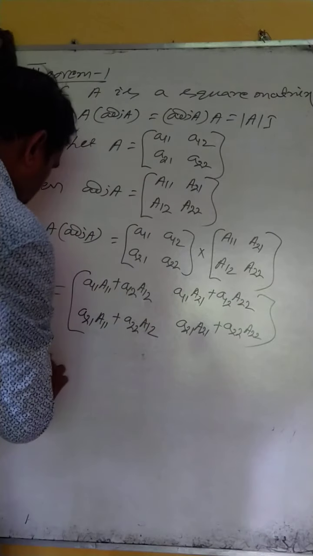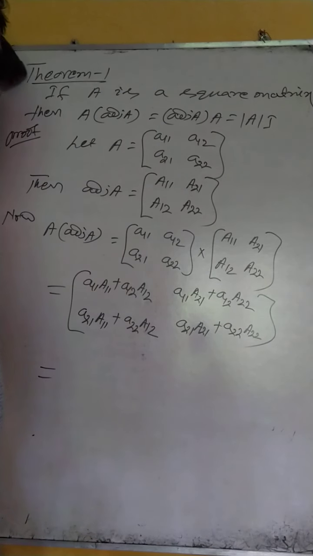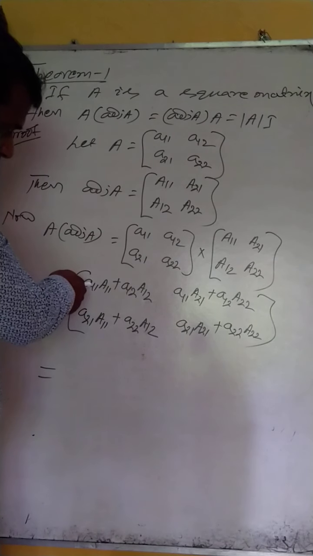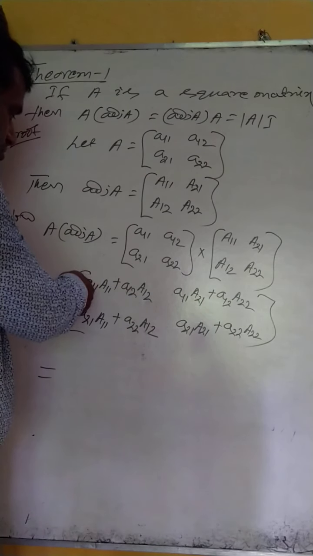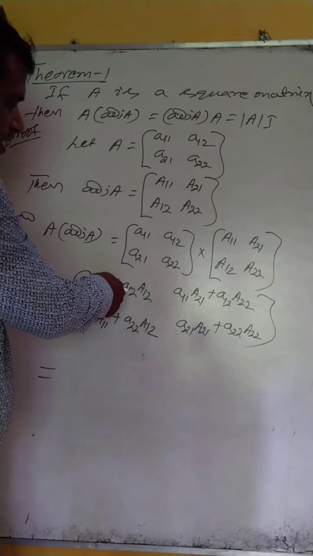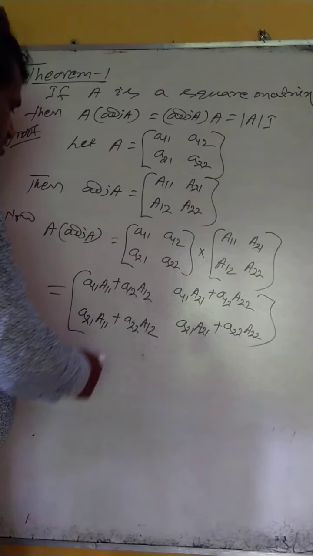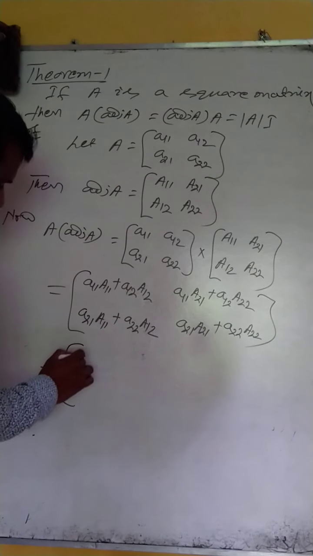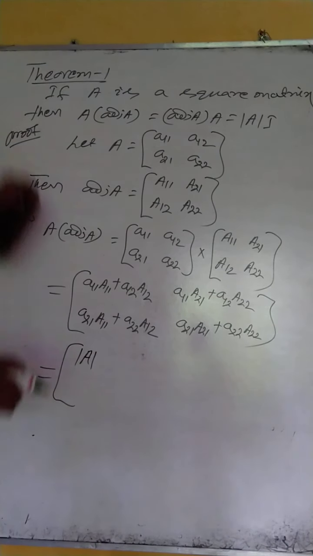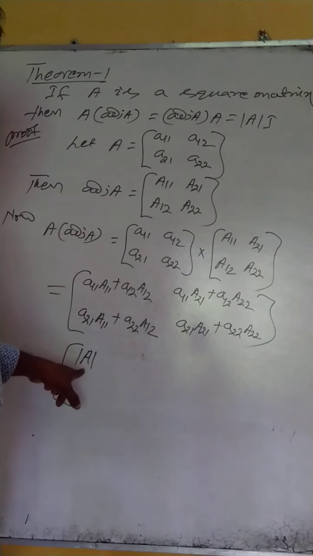You know that a determinant can be expressed as the sum of the products of the elements of any row or column and the corresponding cofactors of the same row or column. So here the first row first column element into its cofactor plus the first row second column element into its cofactor is the expansion of the determinant A.